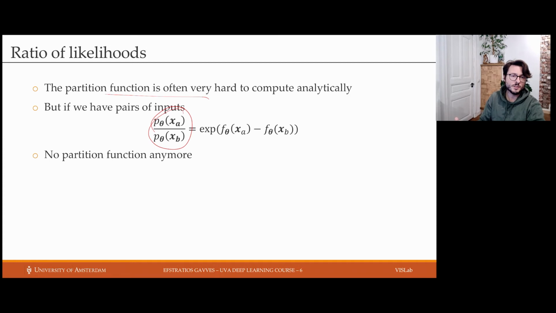The reason is that the partition function is the same for all inputs. No matter what x is, the partition function will be the same. Whenever we don't need to compute the partition function, we can drop it like that. So, for instance, in the ratio of likelihoods, we don't really need it. It gets cancelled out. We have no partition function anymore, so that works fine.